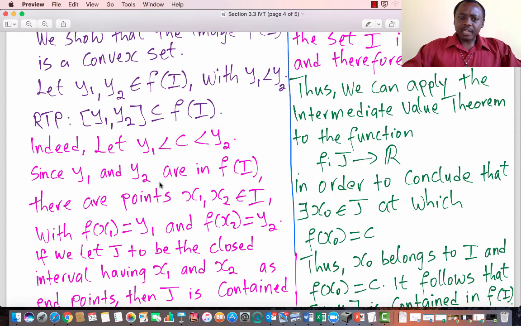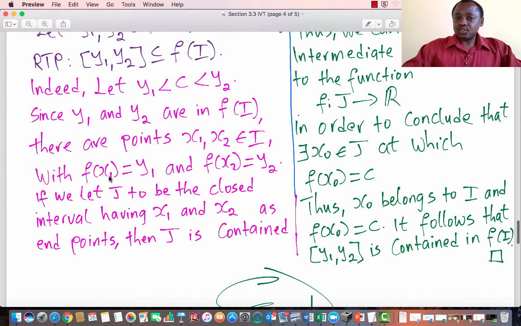Since y1 and y2 are in the image set f of I, there are points x1, x2 in I where f of x1 equals y1 and f of x2 equals y2. That is simply the definition of the image of a function.